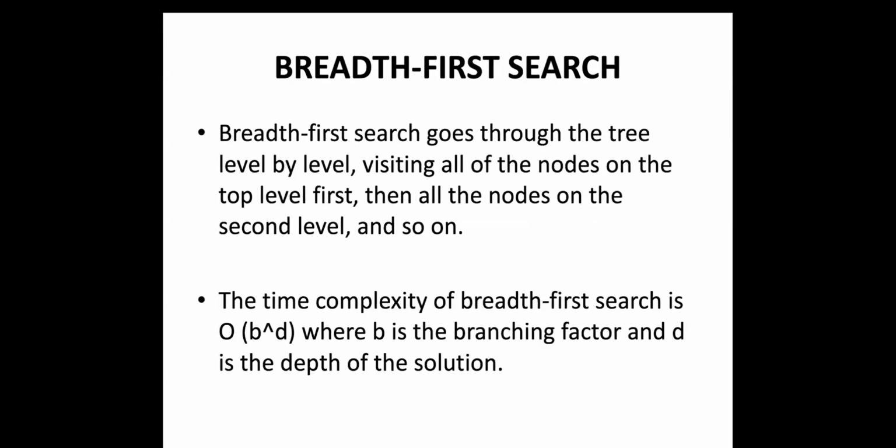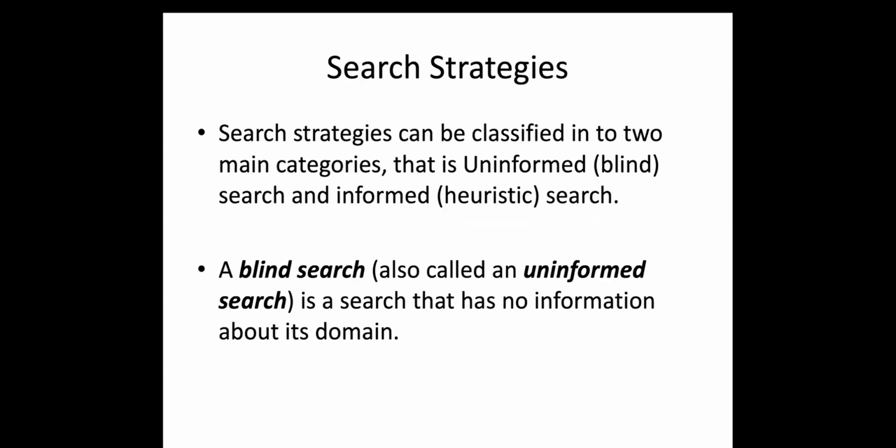So remember the search tree. With breadth-first search, we are going to search the tree level by level. So we start with the first level. If the goal is not in the first level, we go to the second one, the third one, just like that.